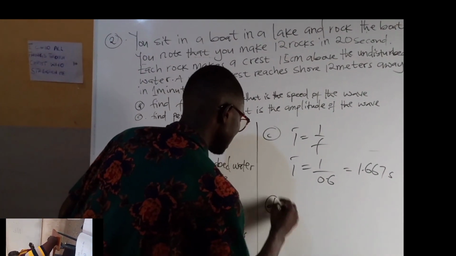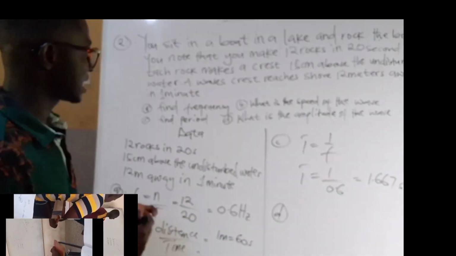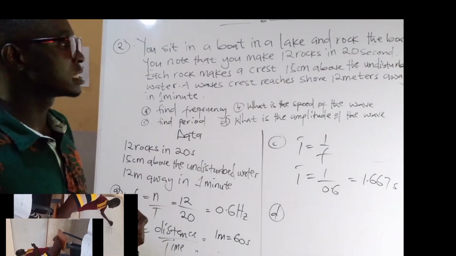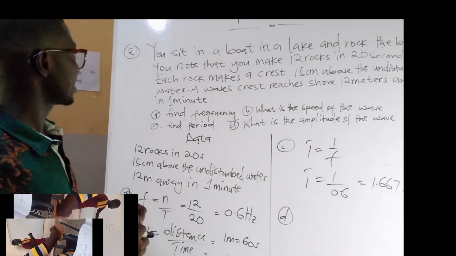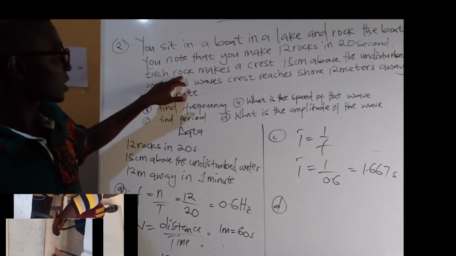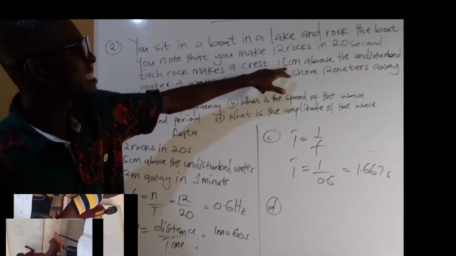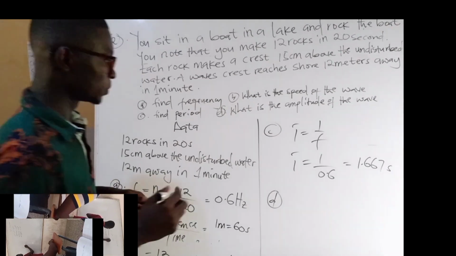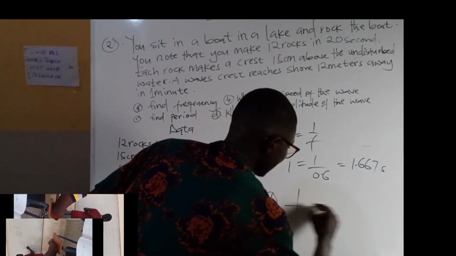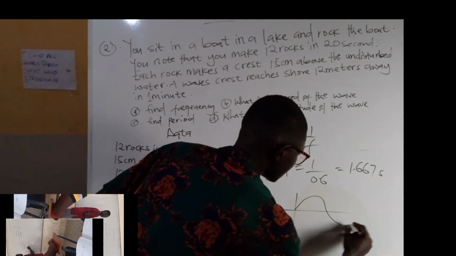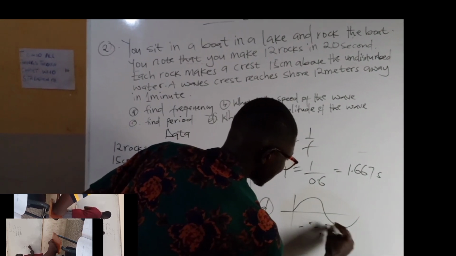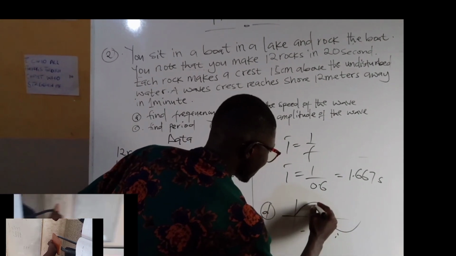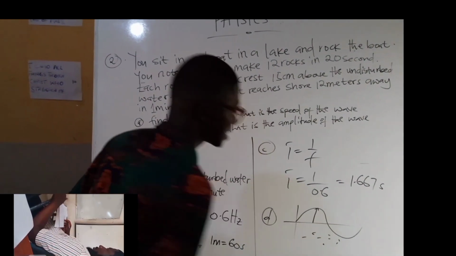And the last part of the question, the D part, is asking, what is the amplitude of the wave? Now it reads that each rock makes a crest of 15 centimeters above the undisturbed water. So if this is how the wave was, this was the undisturbed water. So the wave reaches a crest 15 centimeters above the undisturbed water.